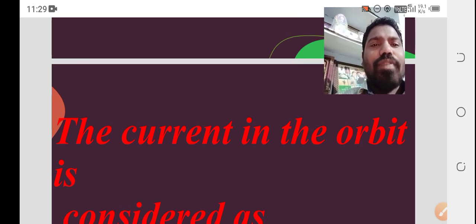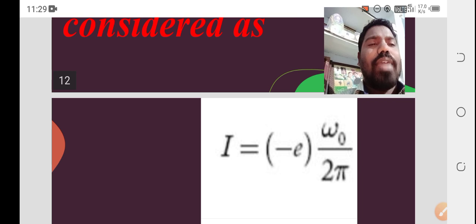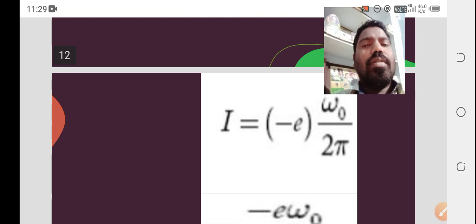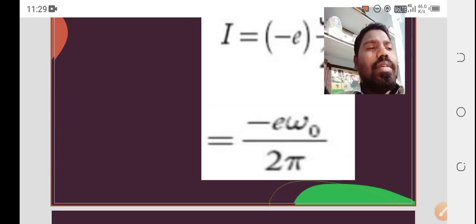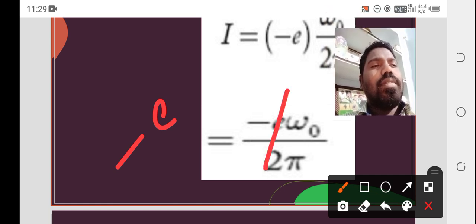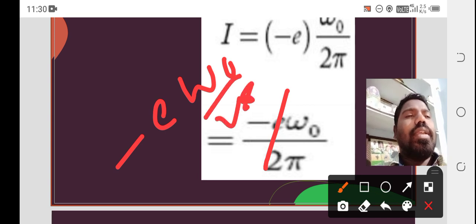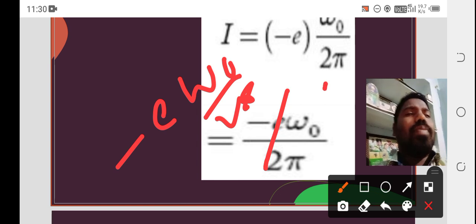So here, after applying the magnetic field, the current in the orbit is considered. So the electric current is what? The electric current in the orbit of the revolving electron is given by I equal to minus e omega naught by 2 pi.